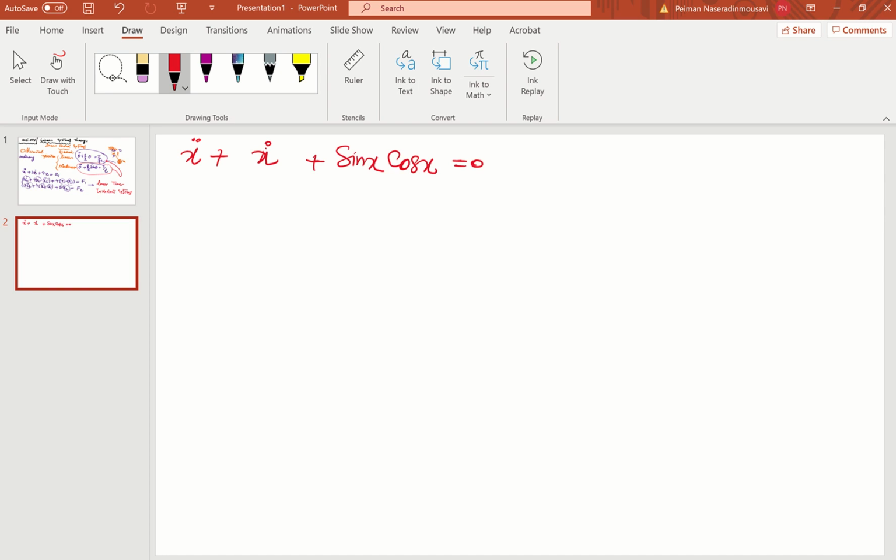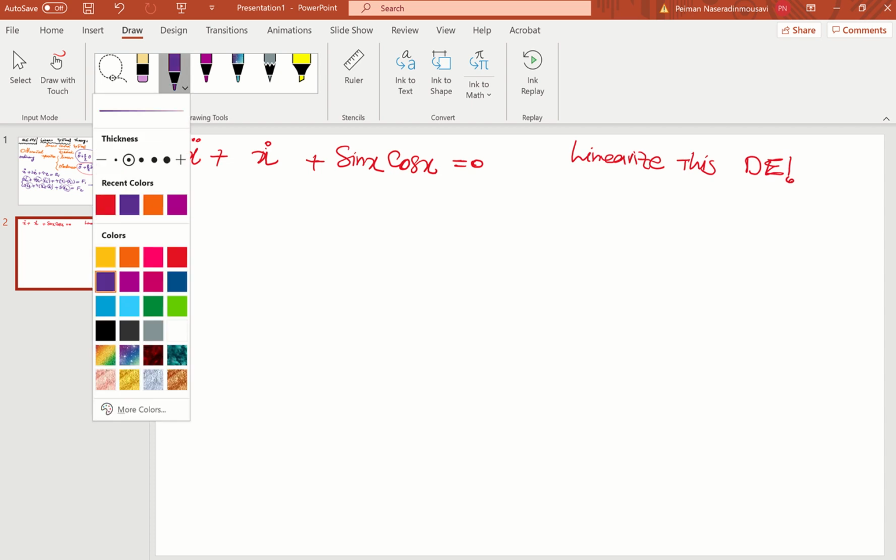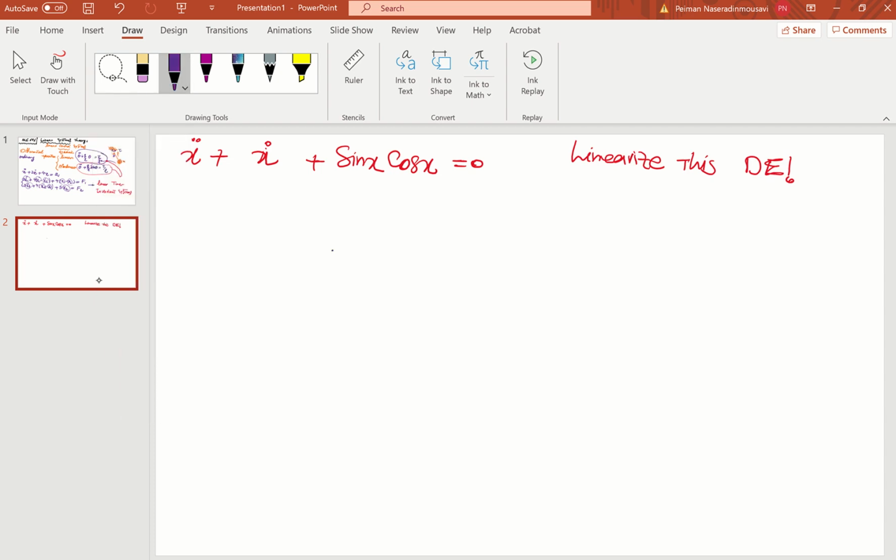Understand? So I'm asking you to linearize this differential equation. But the first question, as a graduate of mechanical engineering, is around what point I have to linearize?